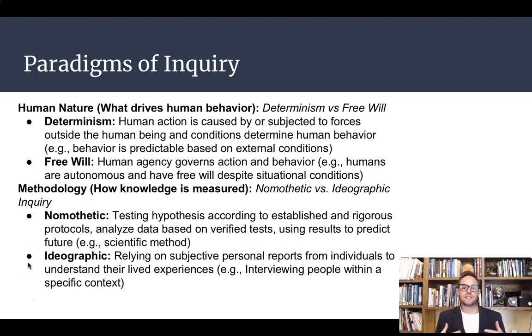So this is really looking at what drives human behavior. Now we have, again, 2 schools of thought. We have determinism and free will. Determinism believes that human action is caused by or subjected to forces outside of the individual person, and these conditions determine human behavior. So from this perspective, determinism assumes that behavior is predictable and based on external conditions.